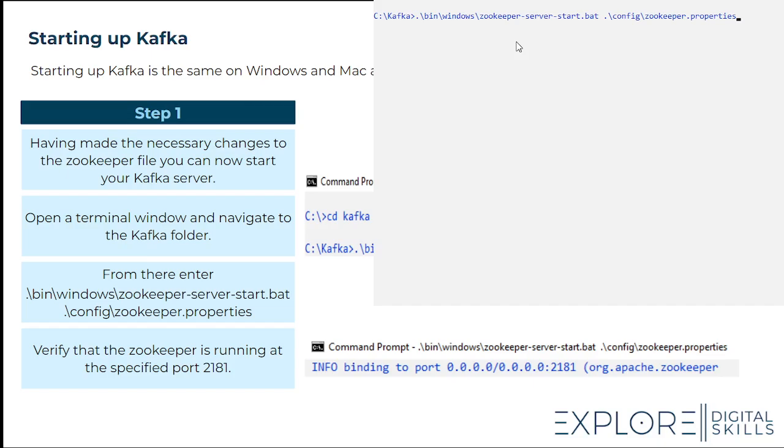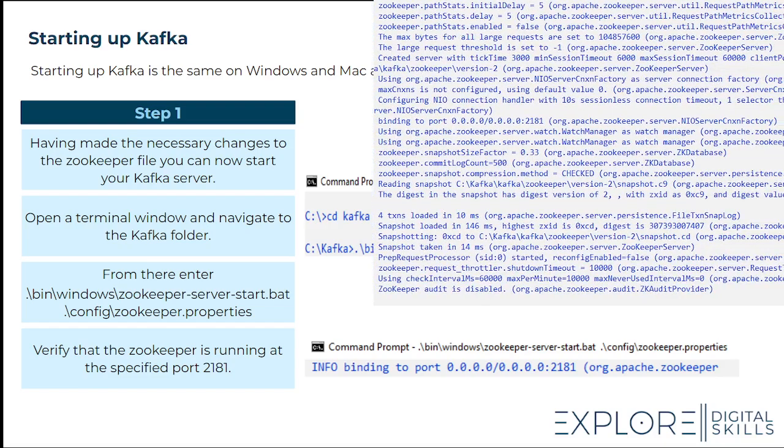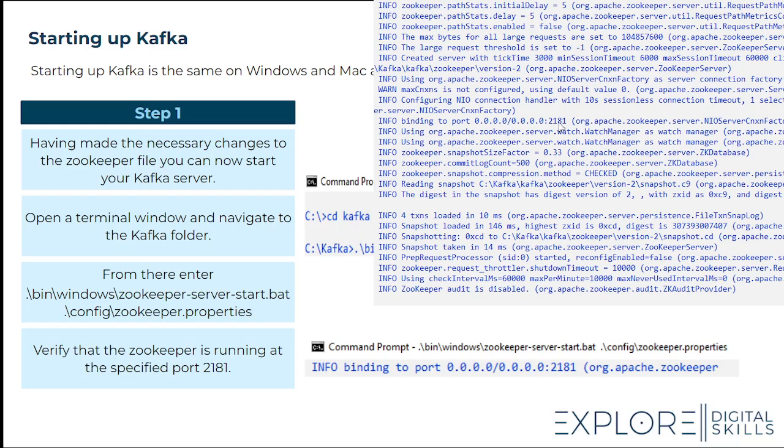This is where we're going to be starting up our server. If you just hit enter, it is going to go through and start creating our server. What we want is to look for this particular message over here: binding to port 2181.